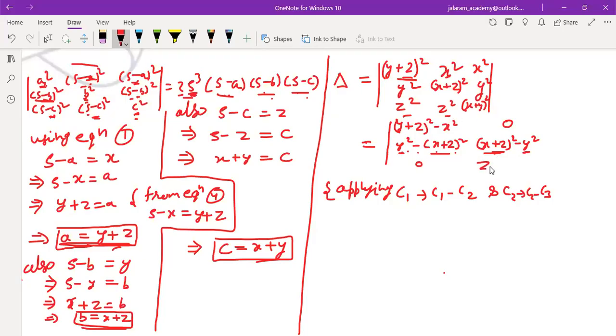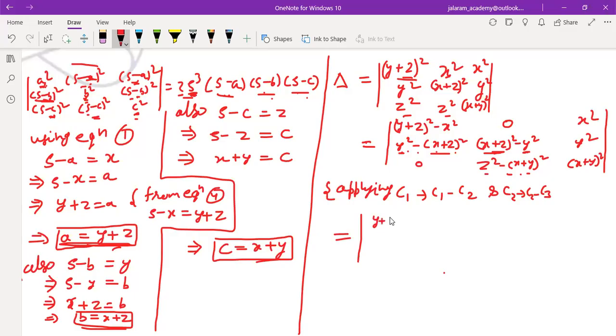And third is also z square minus x plus y whole square, in this also z plus x plus y into z minus x minus y, and z plus x plus y means x plus y plus z, which is s. And the third column cannot be operated, so we write it as it is: x square, y square, x plus y whole square. Finally, we will factorize it.